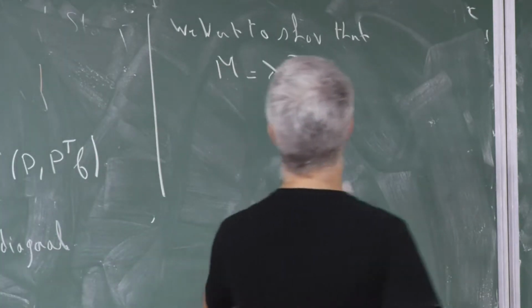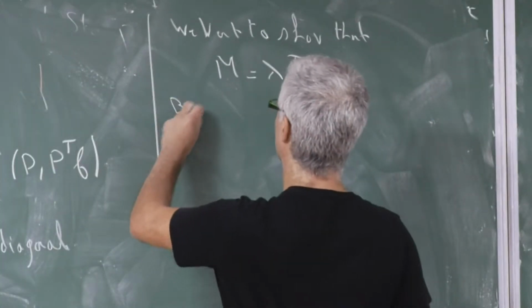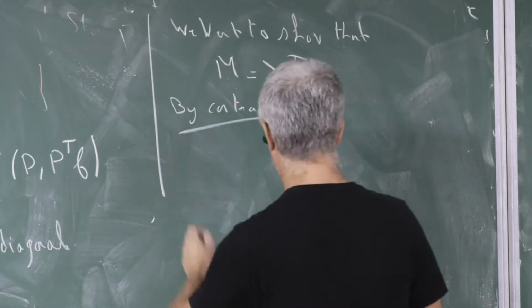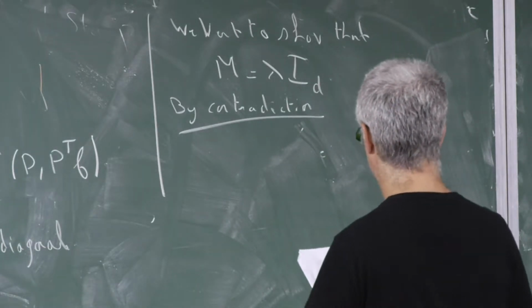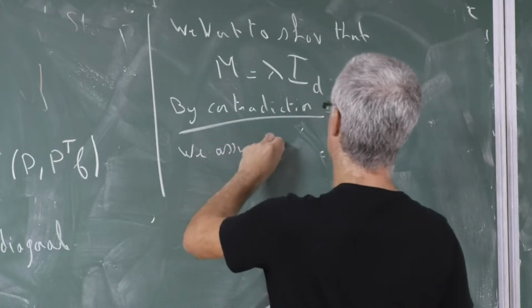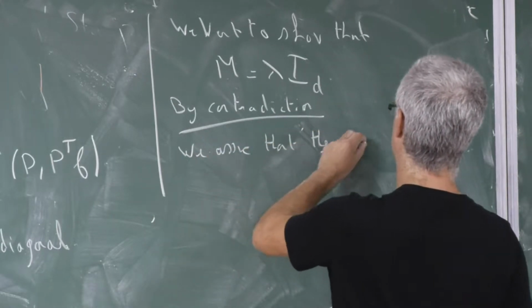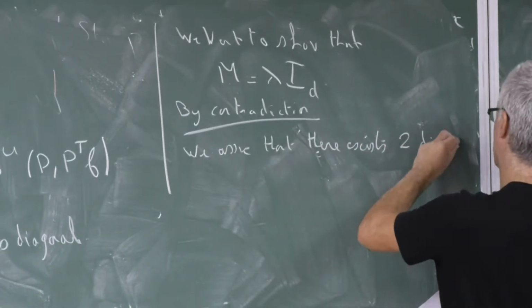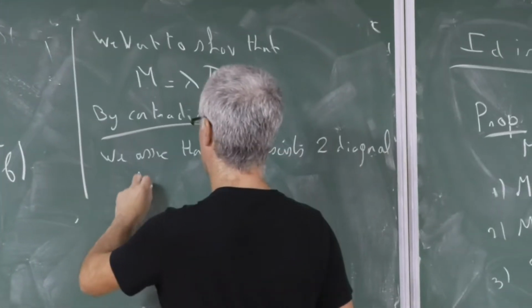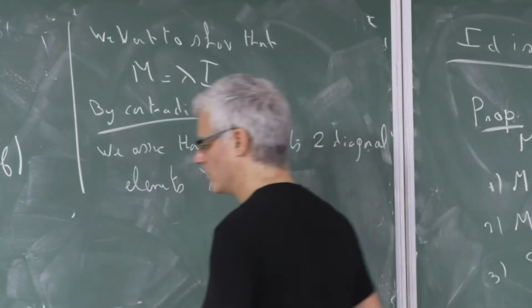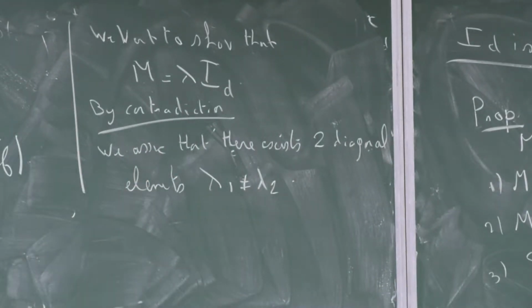So we will prove that by contradiction. We assume that there exist two diagonal elements, lambda 1 and lambda 2, that are different.